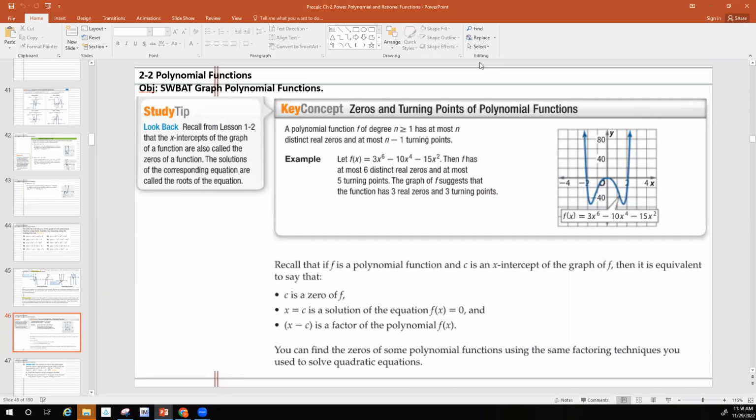All right, so that's what this is talking about. A polynomial function f of degree n greater than or equal to 1, so basically if you don't have a constant function, has at most n distinct real zeros and at most n minus 1 turning points.